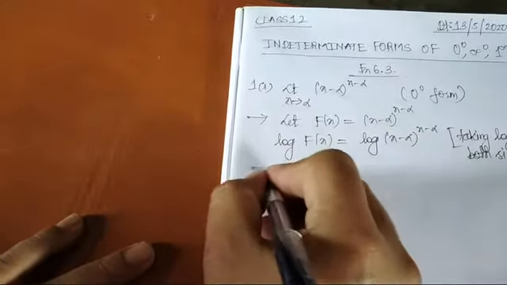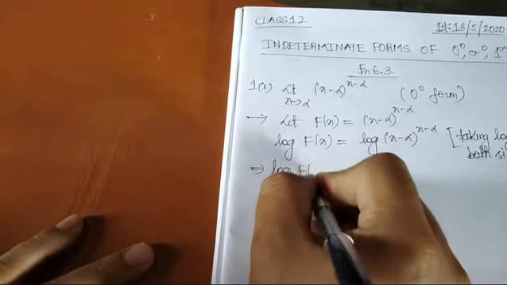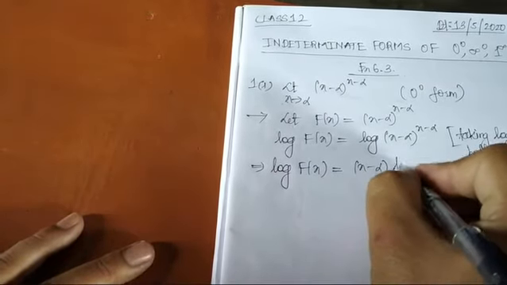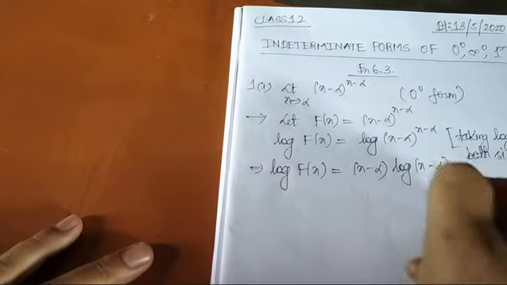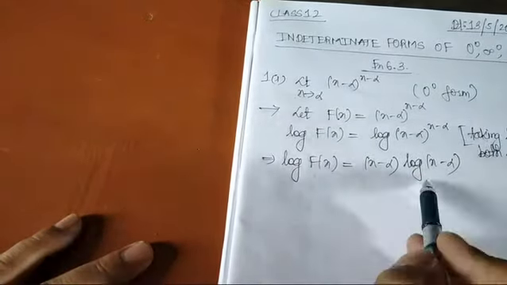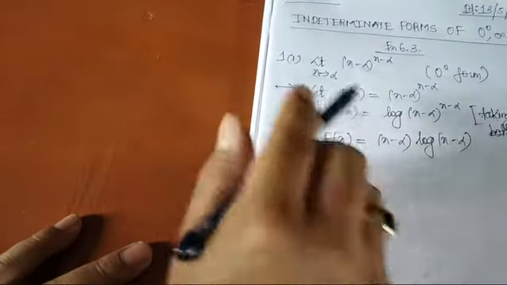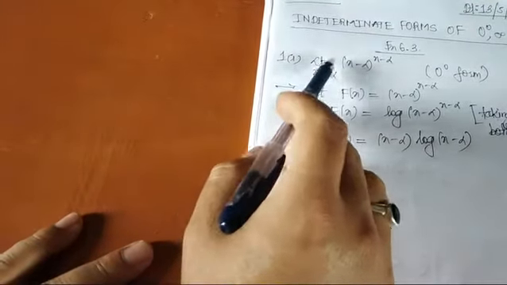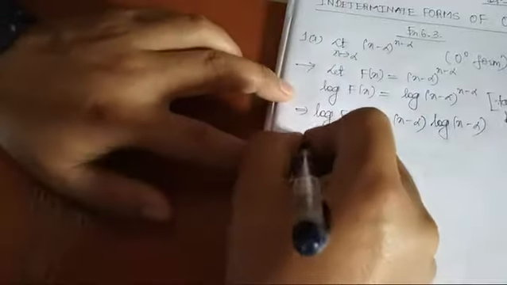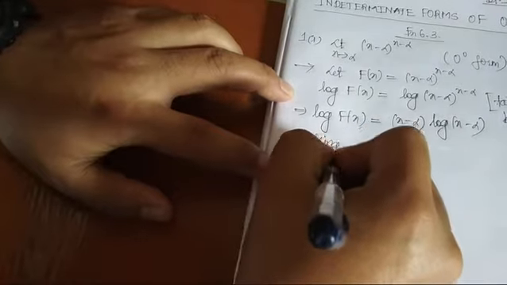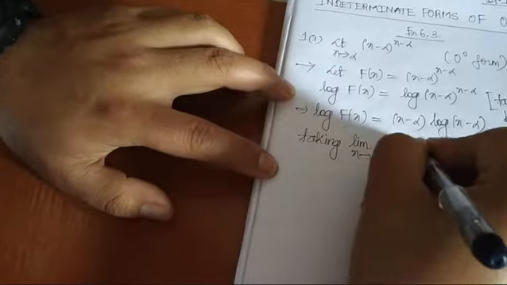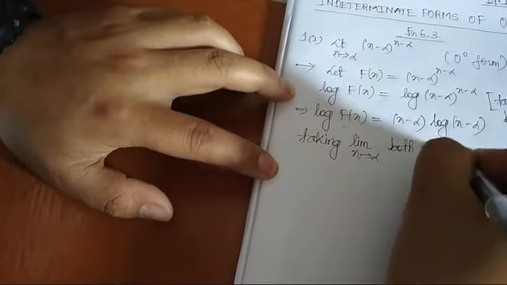So now this implies log F(x) is equal to, the power comes as the coefficient, (x minus alpha) times log of (x minus alpha). The first step is to assume capital F(x). The second step is to take log both sides. The third step now is we have to put the limit, the same limit which is given in the question. So in this case, limit x tending to alpha. So write: taking limit x tending to alpha both sides.